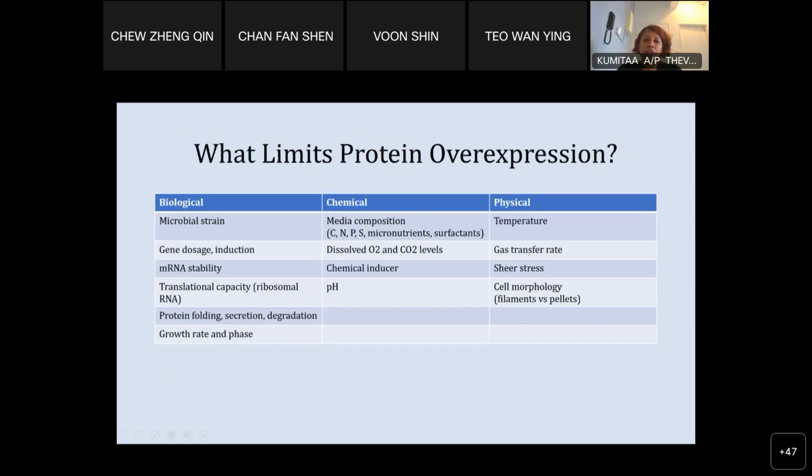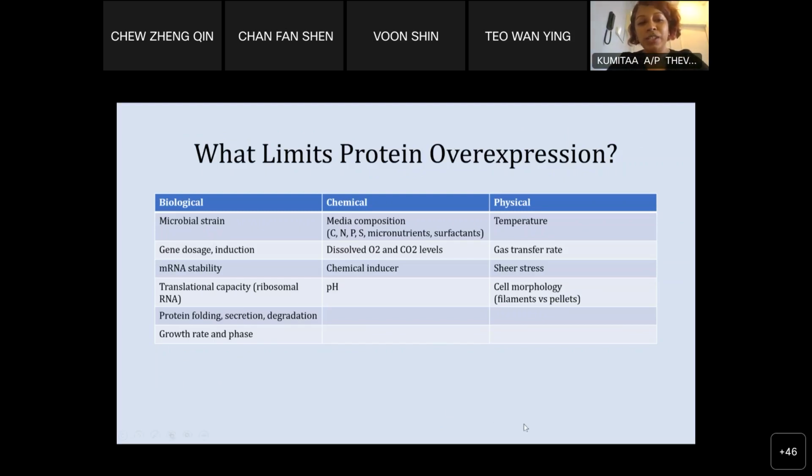What limits protein overexpression? You also have microbiological strains that affect it. When we talked a little bit about BL21 and the different variations of BL21, that definitely affects protein production, gene usage, and induction. We saw that different plasmids and different strains need to be induced differently.